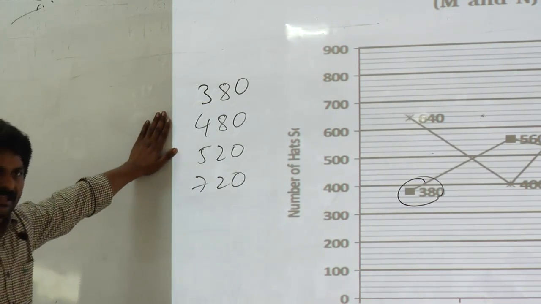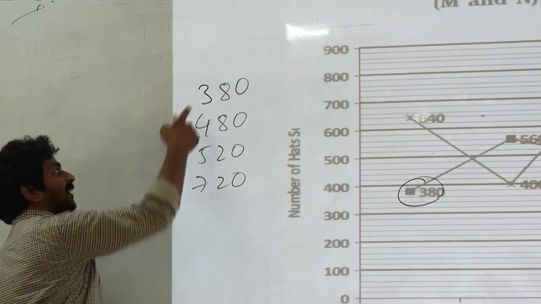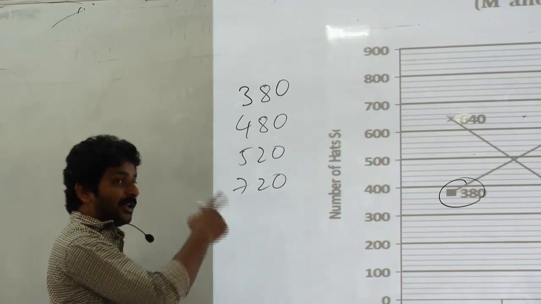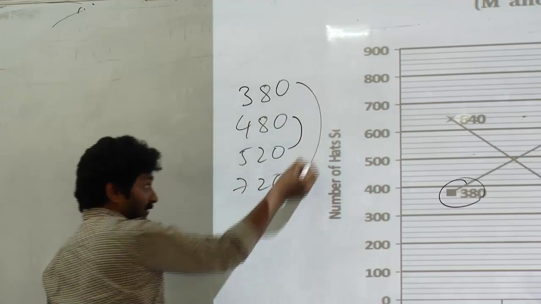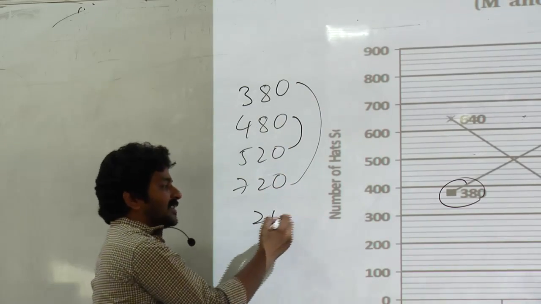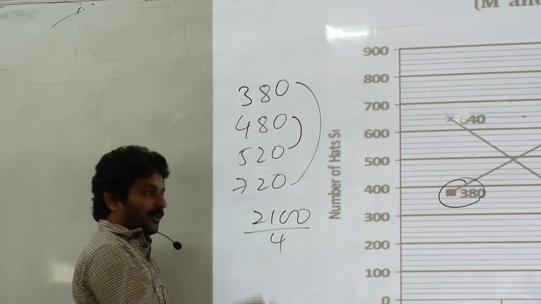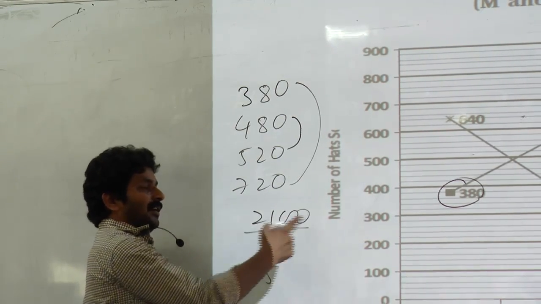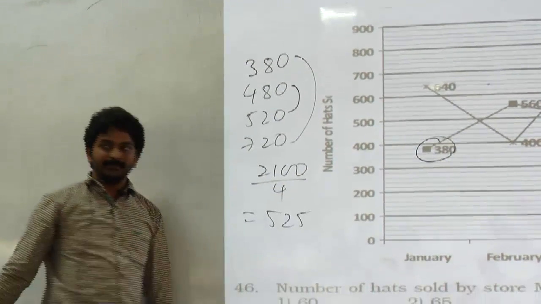As we have round figures here, 700, 300, 500, 400, total 1900, 2000, 2100. You asked about the average, so 2100 by 4. Half and half: 2000, 1/4 of 2000 is 500, 1/4 of 100 is 25, so total 525.